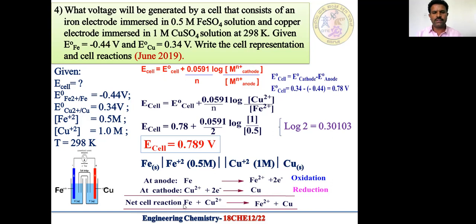So the net cell reaction is Fe plus Cu2+ gives Fe2+ plus Cu. The electrons cancel on both sides. So this is about the calculation of EMF of the cell, the cell representation and the cell reactions.